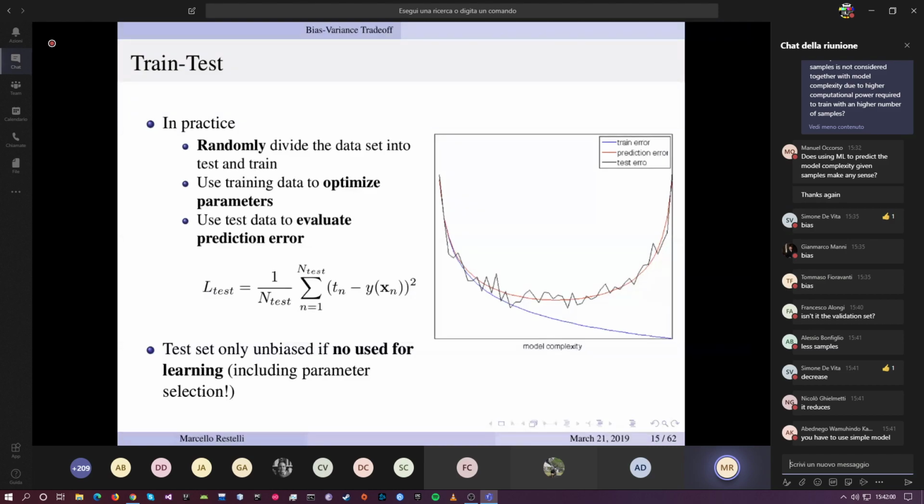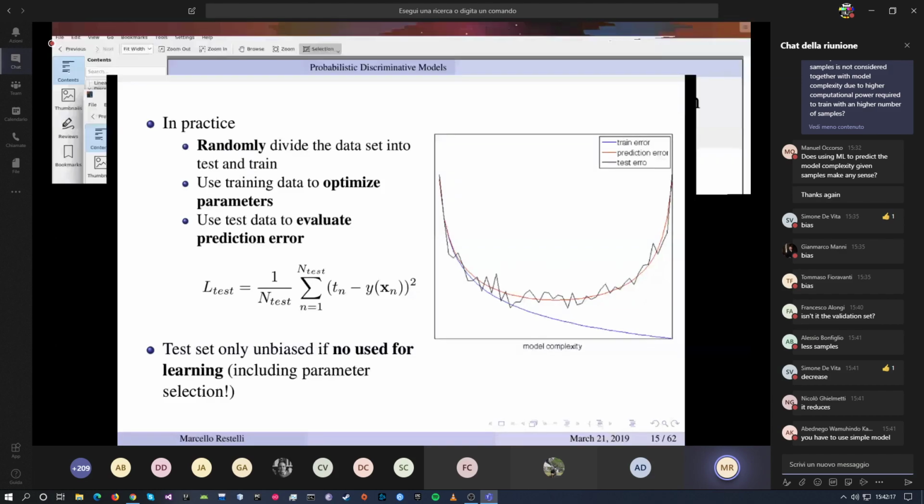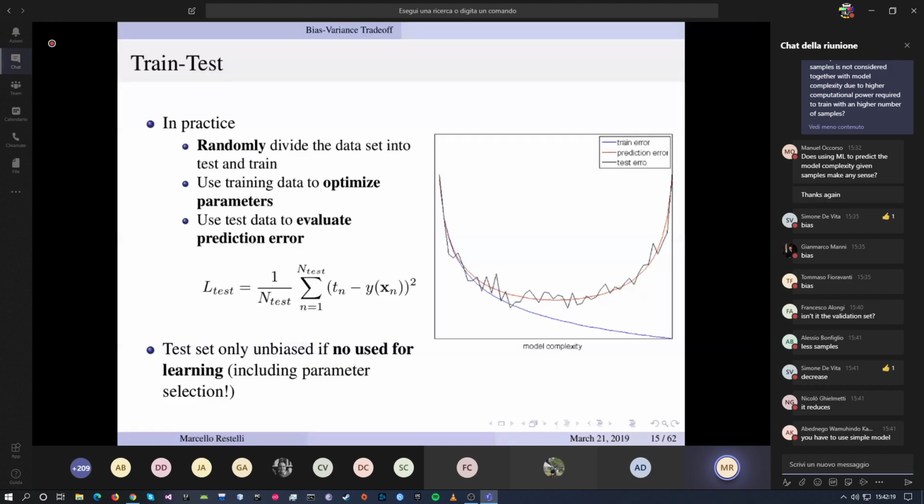From one side, you would like to have as much data as possible for training, but if you use too much data for training and leave only a few for testing, the test error will be really noisy, and so it's unreliable. So now you have a trade-off. In the best possible world, you would like a lot of data for training and a lot of data for testing, because you need a lot of data in both cases. But now you need to find a compromise for this problem.